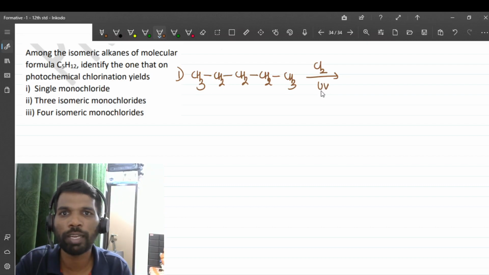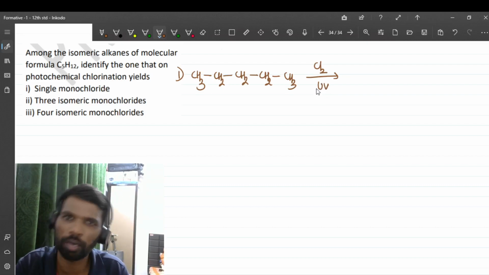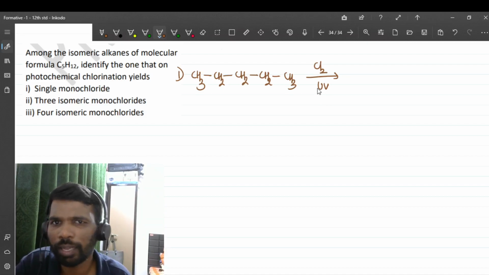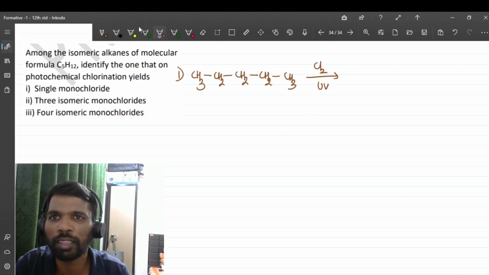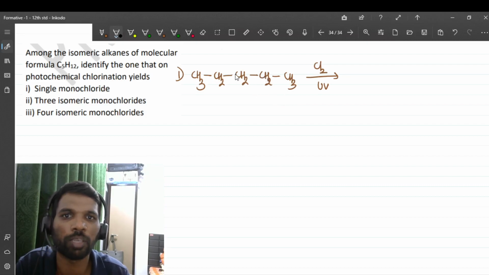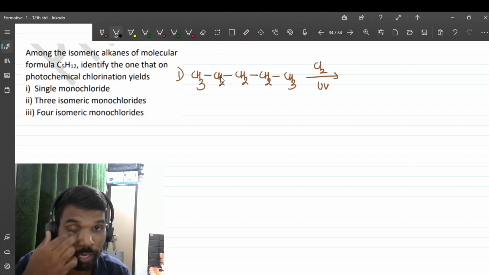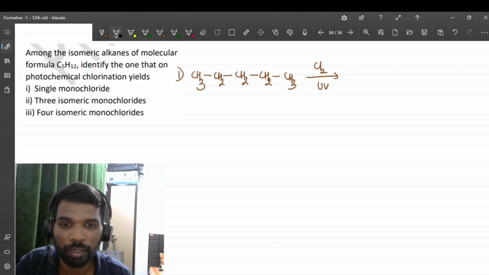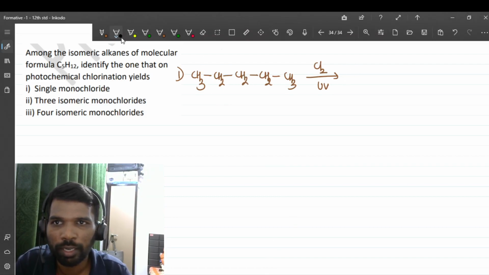Here there are three possibilities of formation of the compound. Chlorine can get substituted here, here, and over here. If it is substituted here it is one and the same as substituting at the other end.